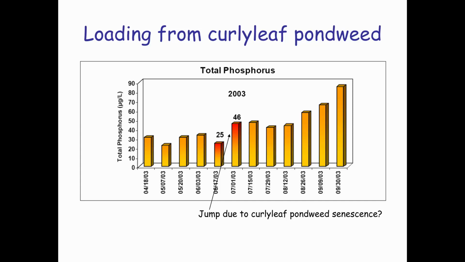You can see that the concentration takes a big spike or jumps up in July, the time when the curly pondweed is at its peak die-off. So this would be evidence that perhaps curly pondweed die-off is another source of high total phosphorus in the lake.